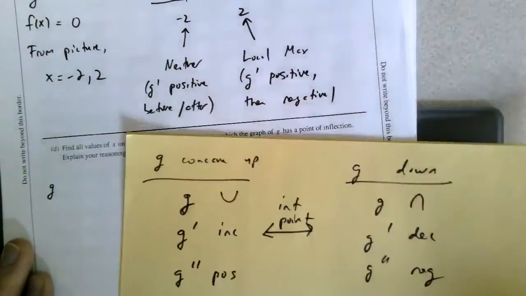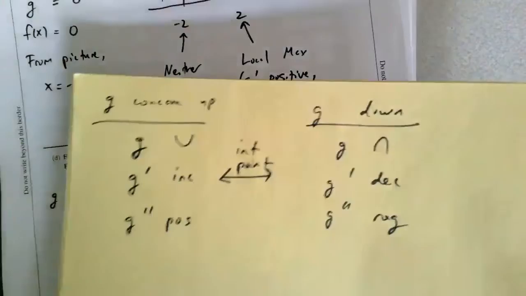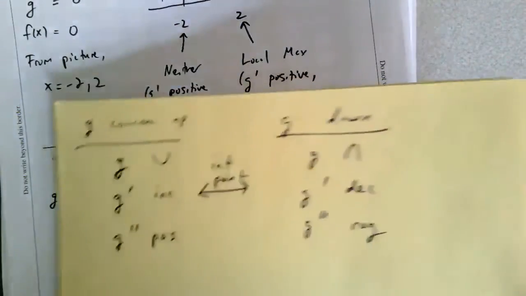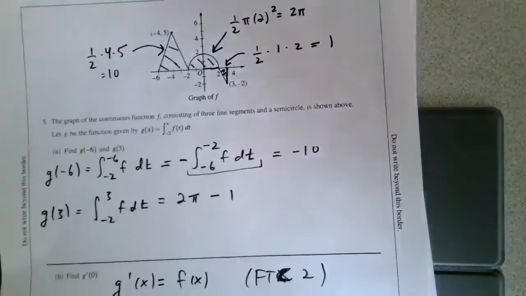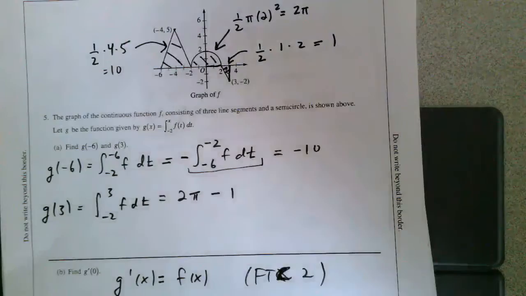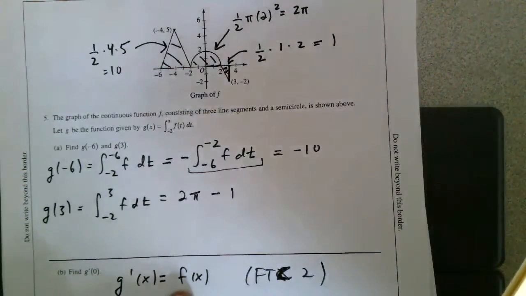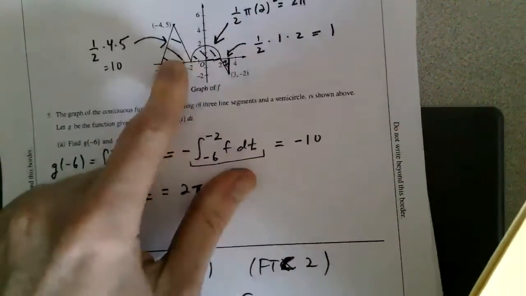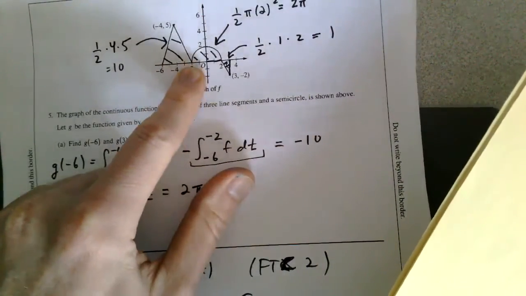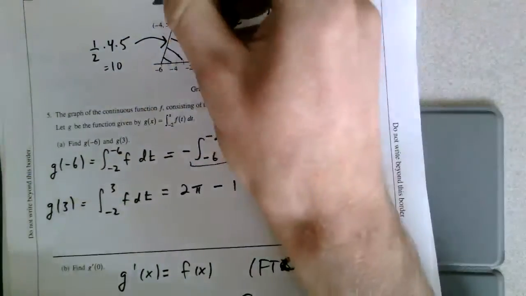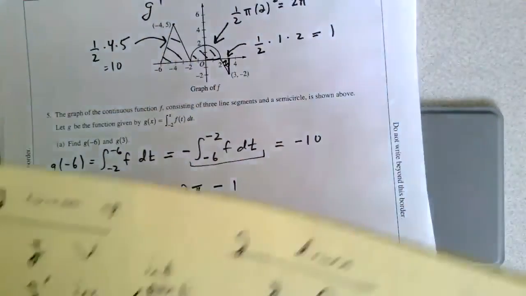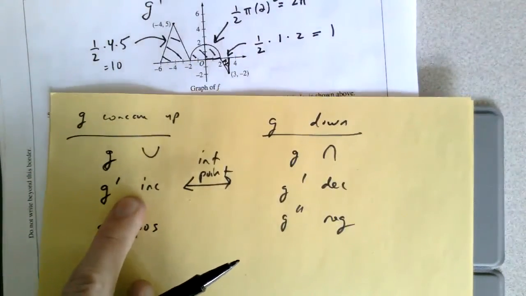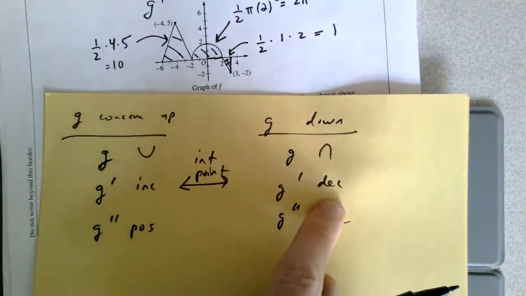Which level of analysis you should consider just depends upon what information you've been given. In this picture, we have a graph of f, but if you remember, f is actually the derivative of g. So what you have here is a graph of g prime. So I think we should analyze the concavity at the level of g prime.